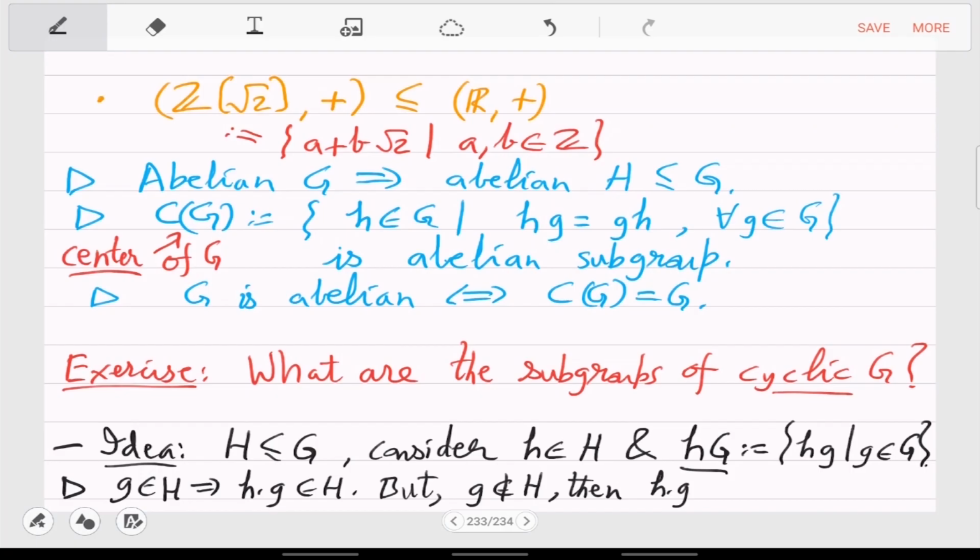Right, because if it was some element h prime in big H, then g will be equal to h inverse times h prime, which will again be in big H. So if g is outside H, then this product is also outside H. Okay, so basically we have shown a converse. So it's if and only if: g is in big H if and only if small h times small g is in big H.